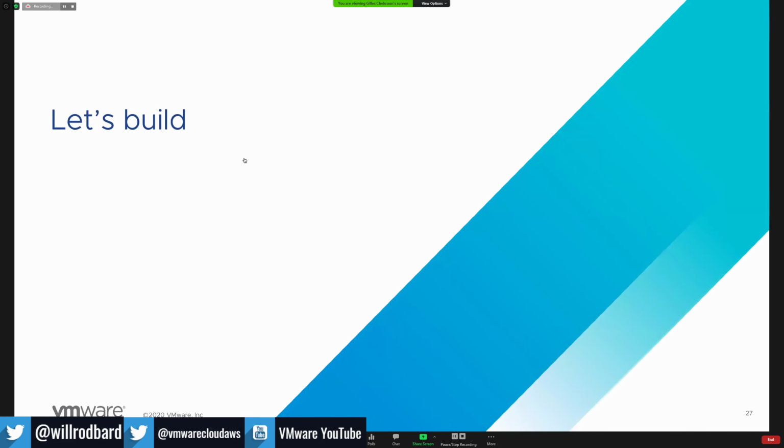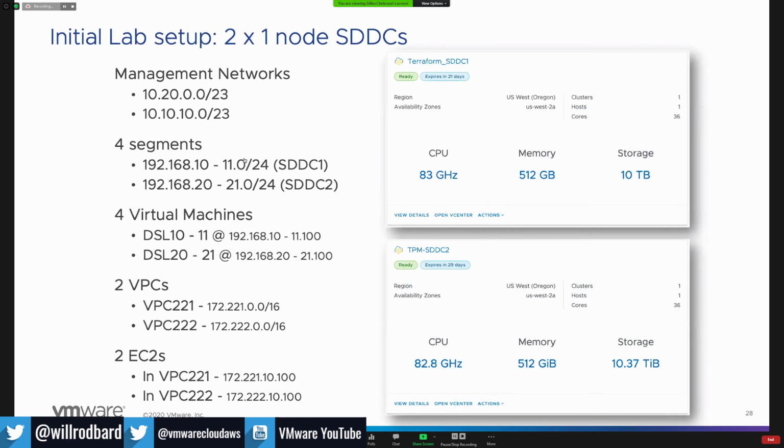So let's build, and I'm going to fly over the slides. This is what we had in the lab because it's been destroyed right now. I have two SDDC with two different management networks, 10.20 and 10.10. I have four segments. So on SDDC 1, 10 and 11, on SDDC 2, 20 and 21. I have four virtual machines, so two on the .10 network and two on the .20 network, okay?